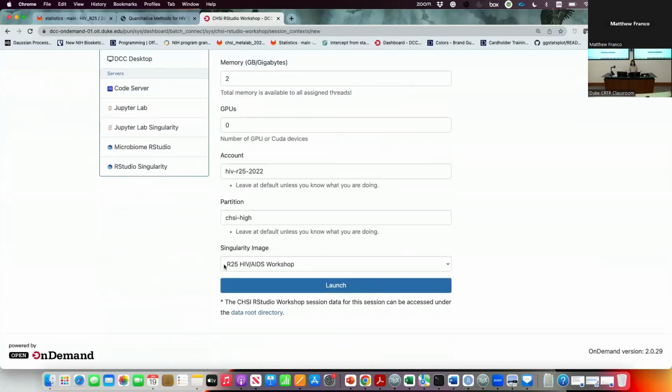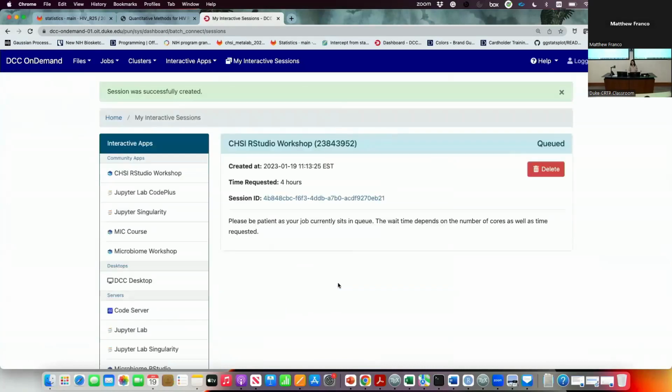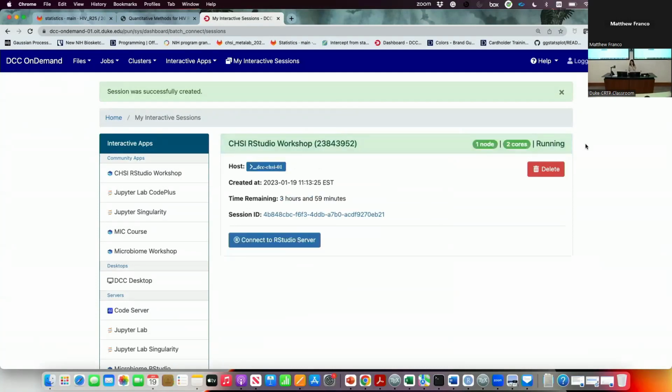Scroll down, and it already tells you this is the R25 workshop. Click on launch, and it says it's queued, so you just need to wait a few minutes. Okay, now it becomes running. If it's running, you just click on connect to RStudio Server.